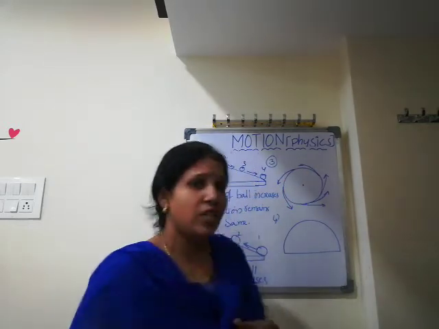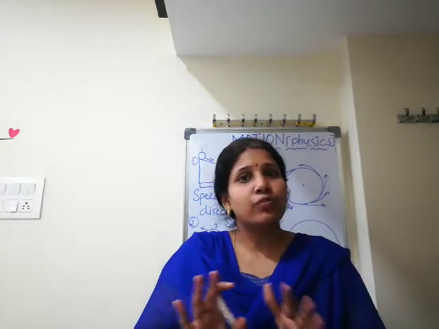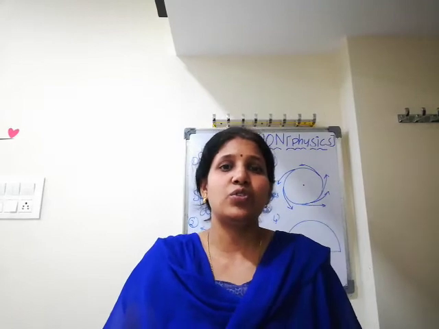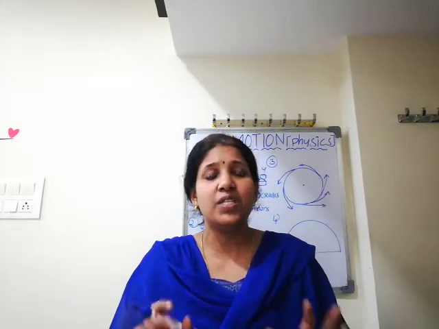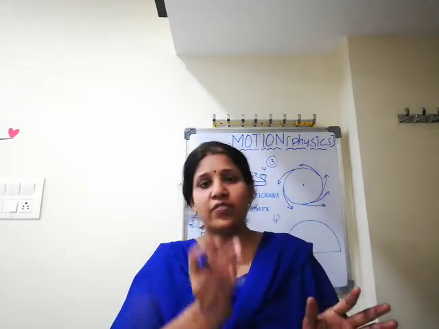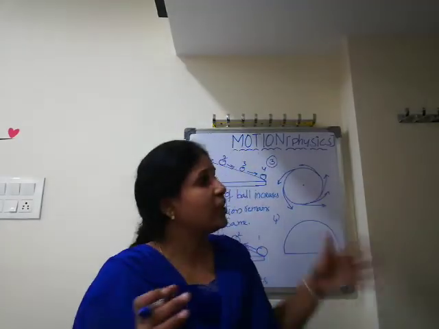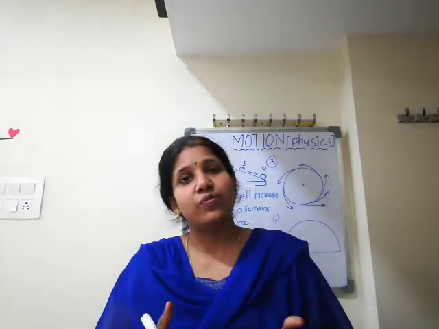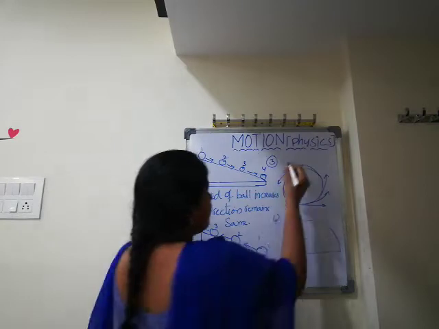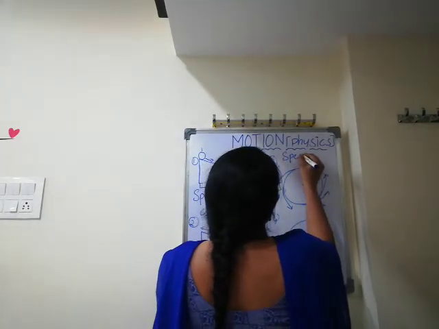Like that, continuously, the path of that ball is not changing, the speed is not changing, but the direction is changing. Whenever an object is moving in a circular path, the direction of motion of the ball changes. Clear, children? Here, the speed is constant.